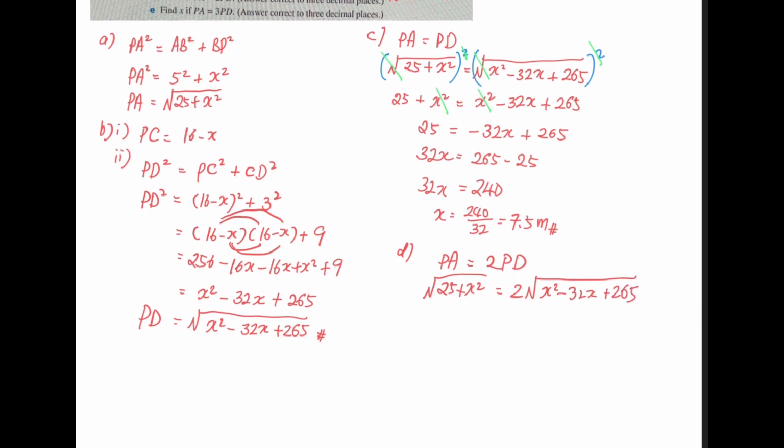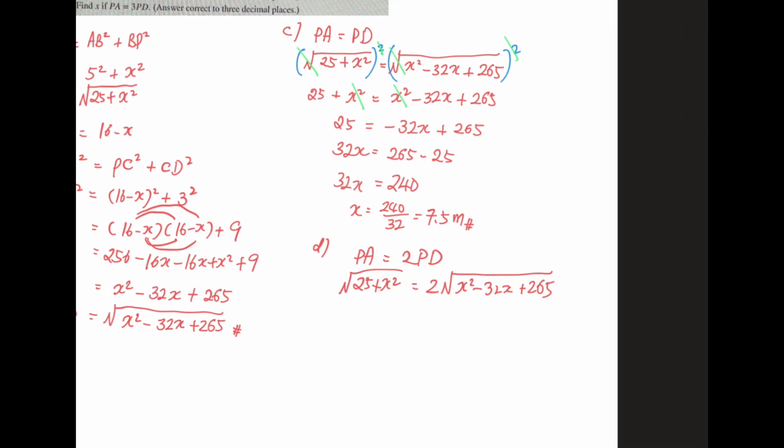So we need to solve this equation, and this time it is slightly different. We square both sides also. First, the square and the square root cancel off on the left hand side. So what we get is 25 plus x squared.